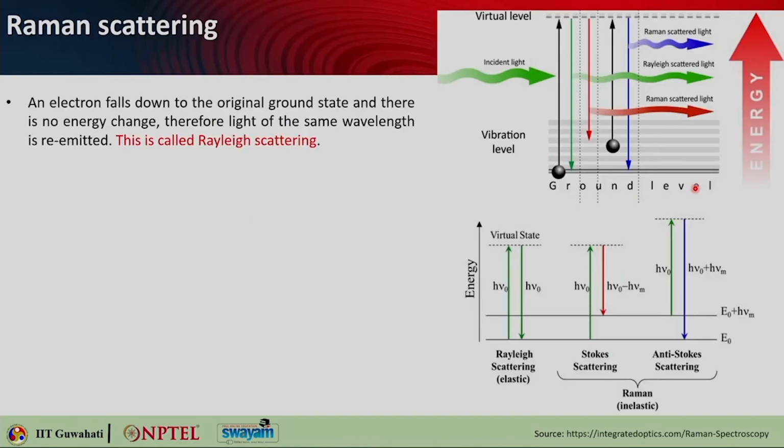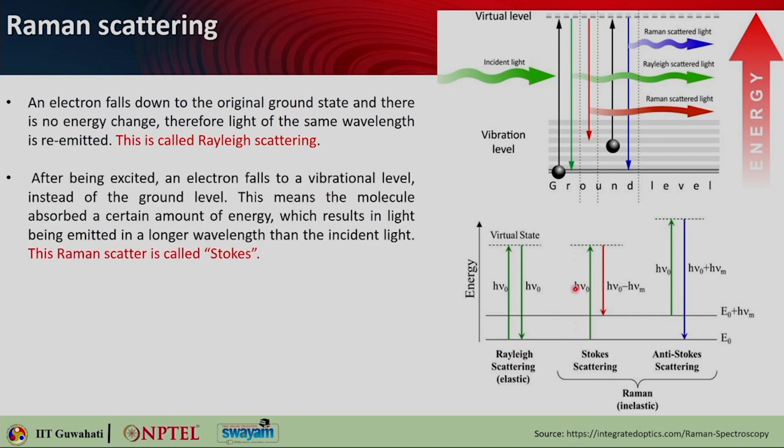Here we can show the same examples in a different representation, as you can see. If the electron falls down to the original ground state and there is no energy exchange with the molecule, the same wavelength of light gets emitted or scattered. This is called Rayleigh scattering. In the second case, after being excited to the higher energy state, the electron falls to a vibrational level like here or here.